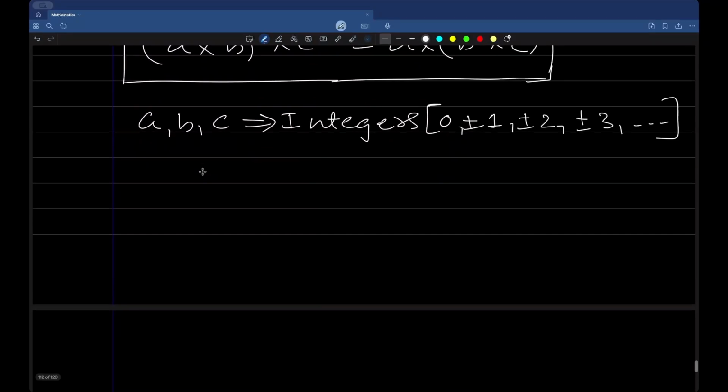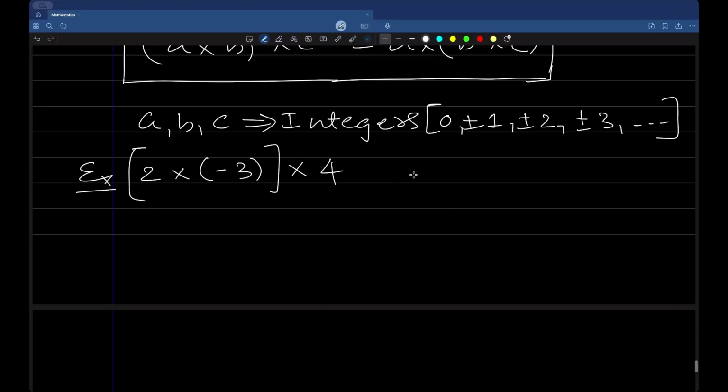Let's take two examples, that is 2 into minus 3 into 4. We have a equals 2, b equals minus 3, c equals 4.